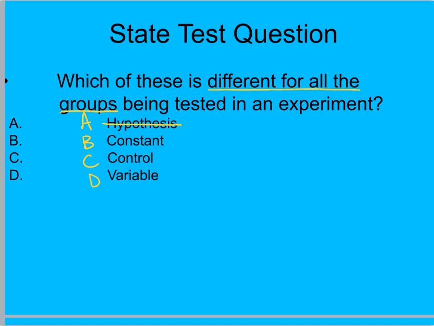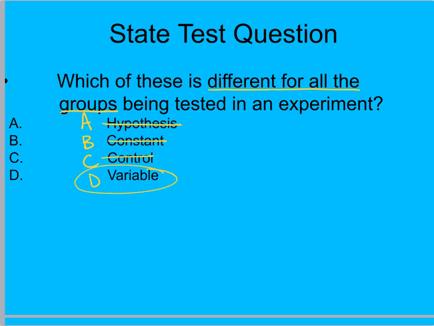So if it said which of these is the same for all the groups, that will be constant, but it doesn't. Control, is your control group in every group? No. If it meant controlled variable, that's a constant, so it will be the same for all groups. So it's not control, so it is going to be your variable. Your independent variable is going to be different for all groups.